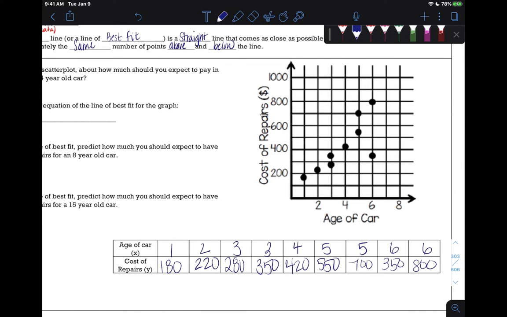Okay, so I have all of these. Again, range, domain, always in alphabetical order, L1, L2. Let's drop these into our calculator.